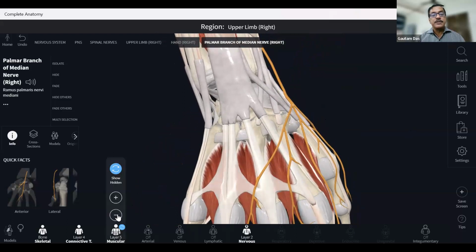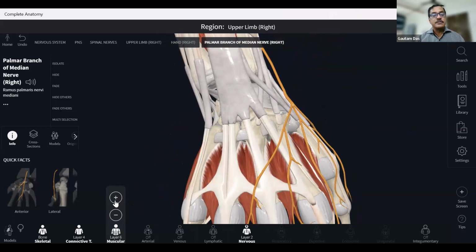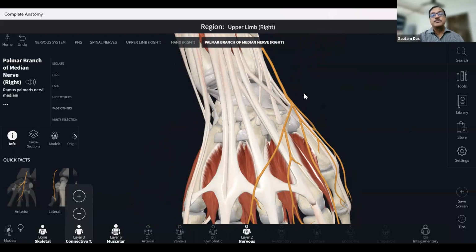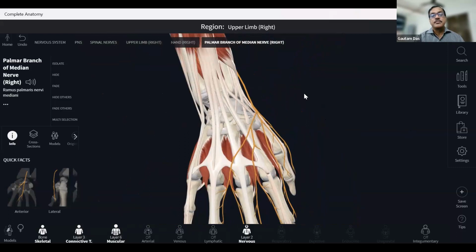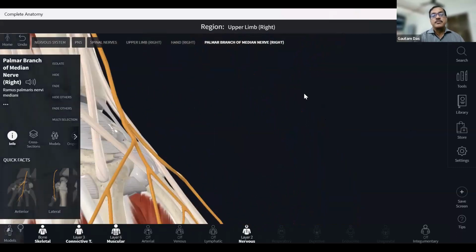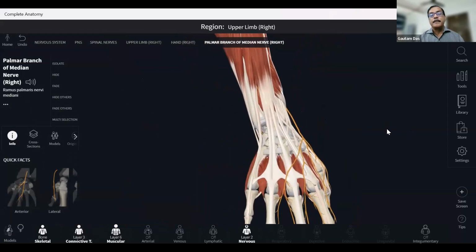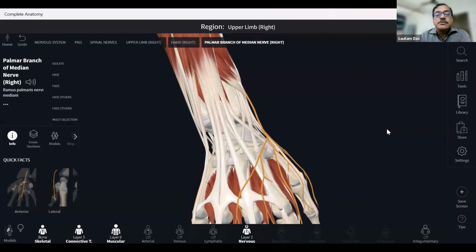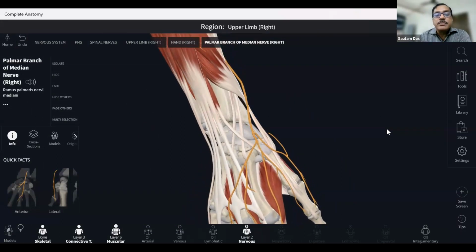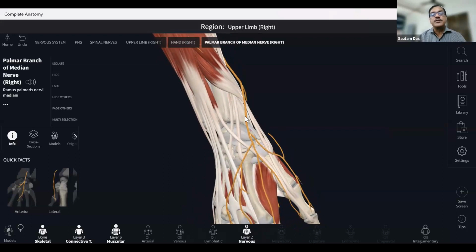dorsal side. Let me remove some of the layers. Let me remove the connective tissue layers. Okay. So here I was trying to explain, this was the superficial branch of the radial nerve.